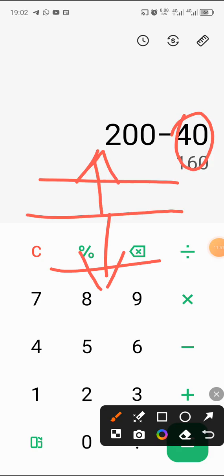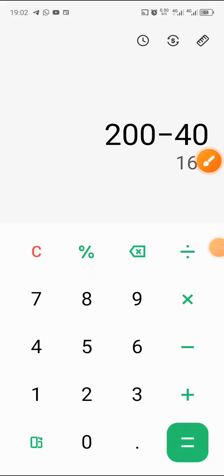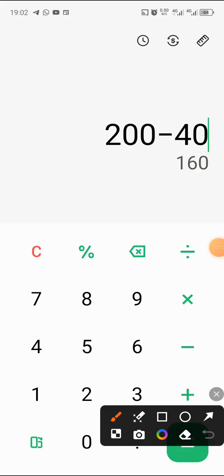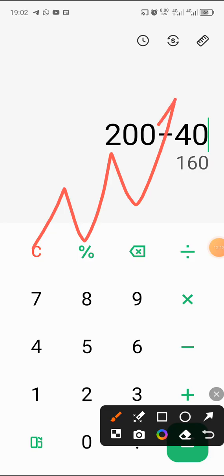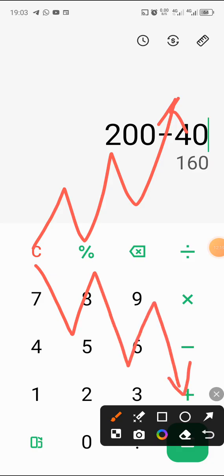Now, all you have to do is to provide instructions to your robot, and these instructions depend on two things. One, what will your robot do when the prices go high? Or what will your robot do when the prices go down? As simple as that.